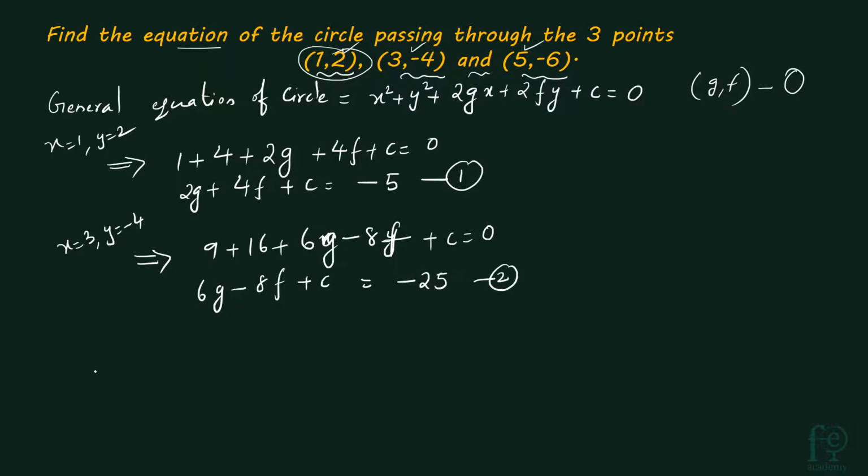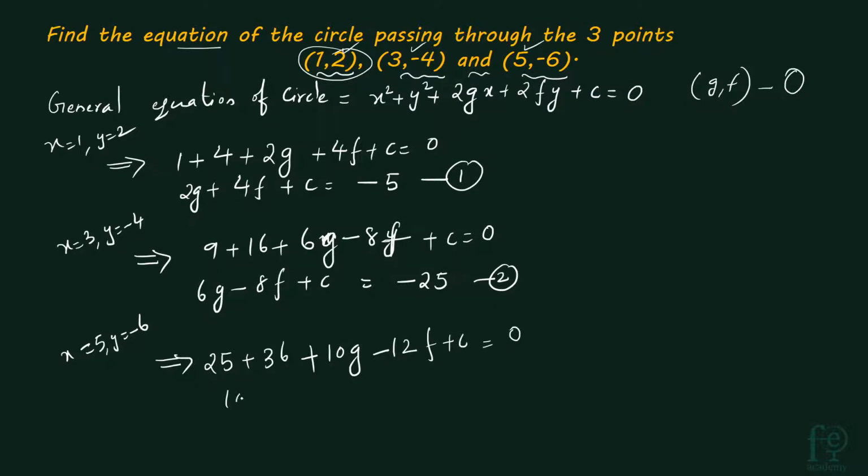Now the third equation: x is equal to 5 and y is equal to minus 6, which gives x square is 25 and y square is 36, plus 10g minus 12f plus c is equal to 0.